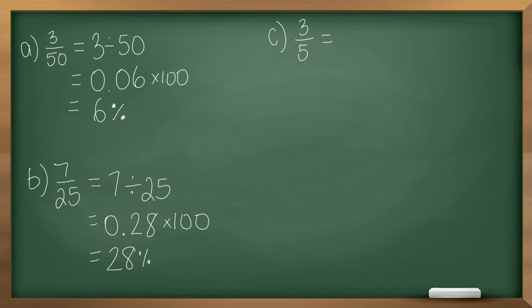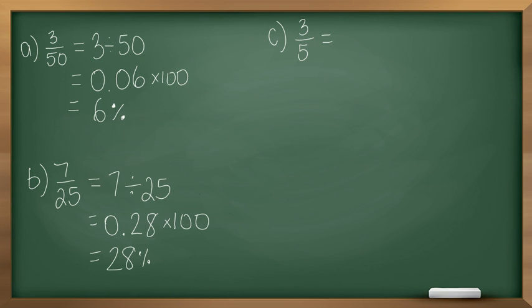If I double both the numerator and the denominator, I can write it out of 10. So I have 6 out of 10, then again, I can convert that into hundreds by multiplying both the numerator and the denominator by 10. So 3/5 is the same as 6/10, which is 60 out of 100. So I'm pretty sure this is 60%.